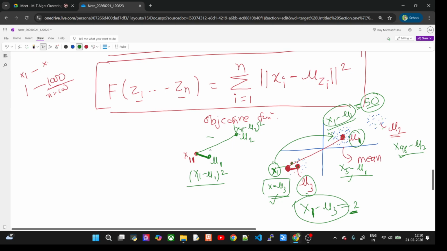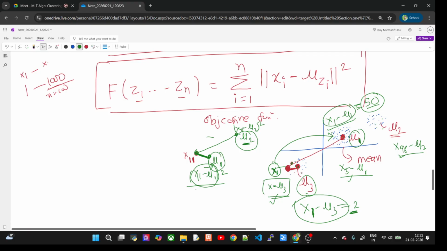So it understood that mu1 is the mean of the cluster, and I belong to this cluster only. I should not just go and jump to mu2. I am happy with mu1 only, because the distance between this point and its mean is really small compared to the distance between this point and the mean of the other cluster.